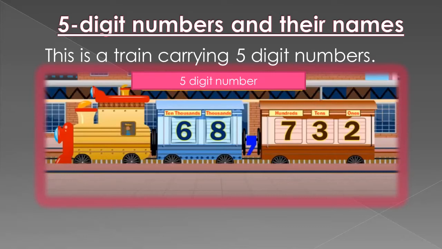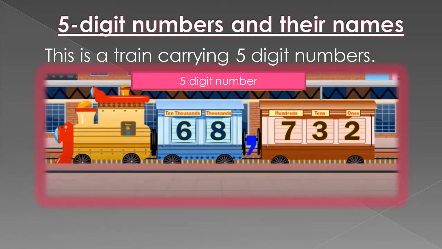Let's see some examples of 5-digit numbers. There are 6, 8, 7, 3, 2 that will sit on the train. As the last digit, 2 will take the last window, the 3 will take the tens window, and 7 will take the hundreds window.